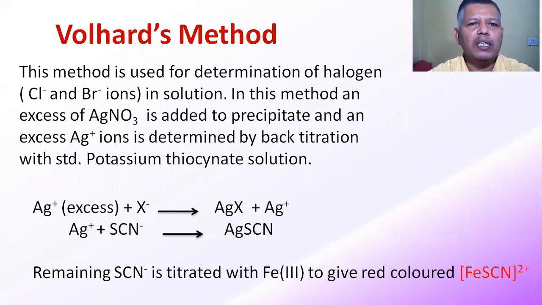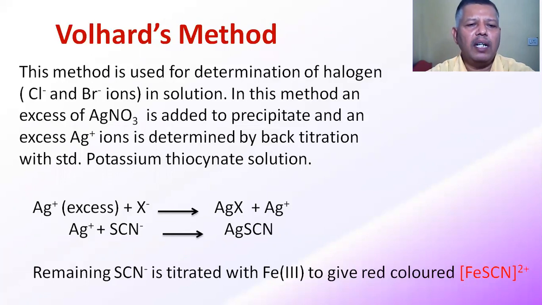Another method is Volhard's method. This method is also useful for the chlorides and bromides present in the solution. In this method, excess silver nitrate is added to the precipitate, and the excess silver ion is determined by back titration with standard potassium thiocyanate solution.